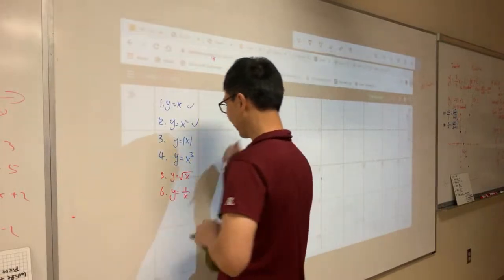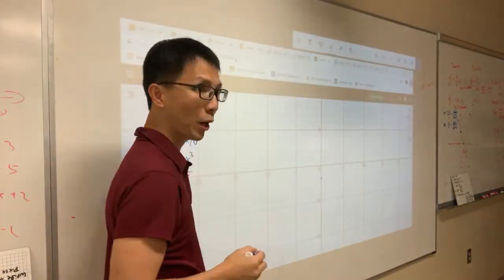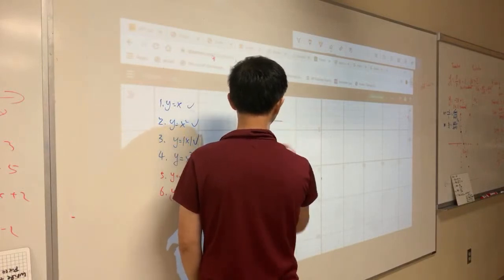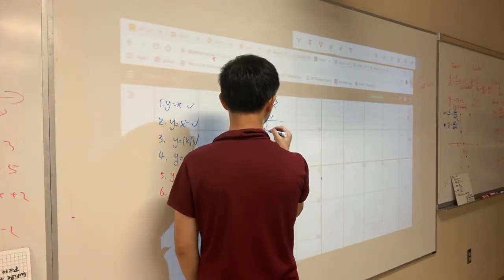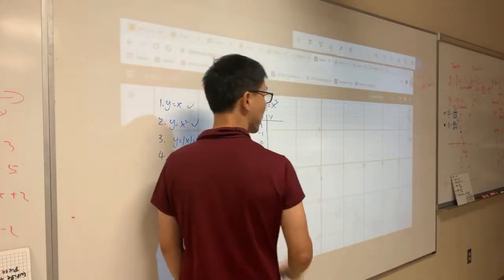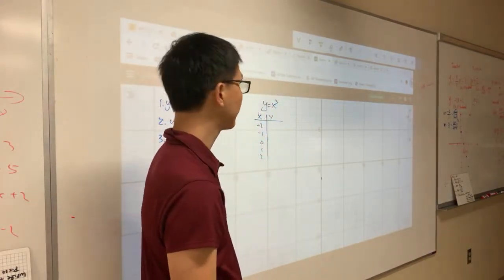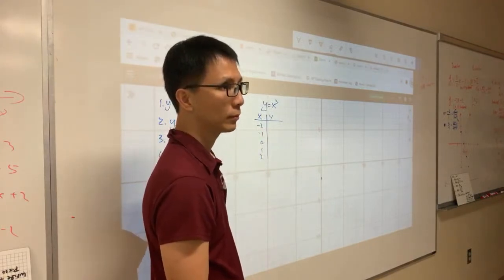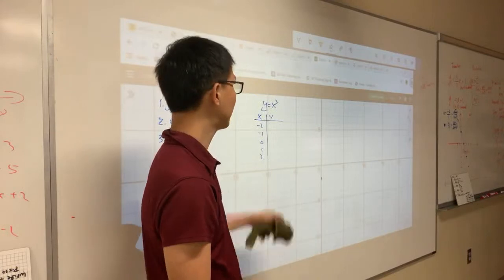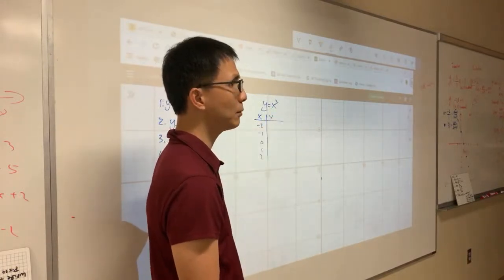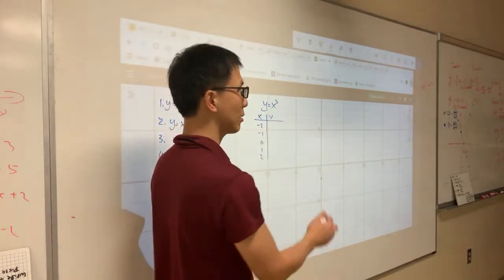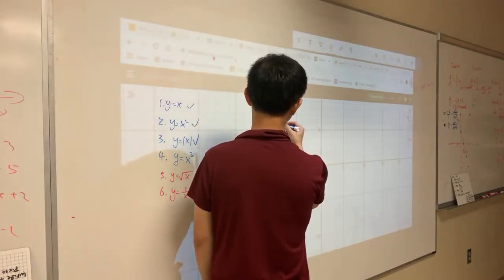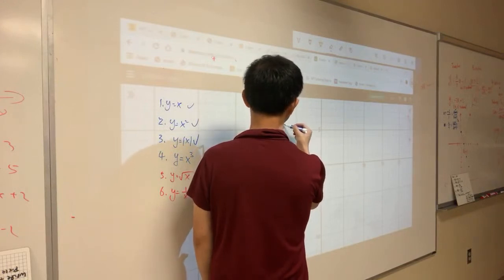Check. y equals x cubed. T-chart. Should be easy. What are we going to get for negative 2? If I plug negative 2 into x cubed, negative, so I corrected myself, it is equal to negative 8.